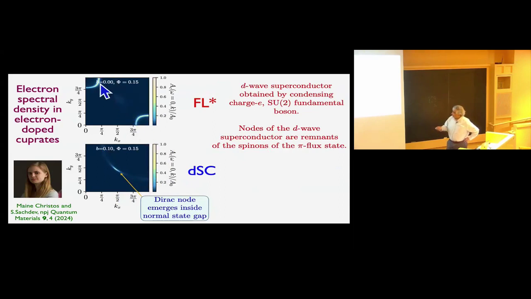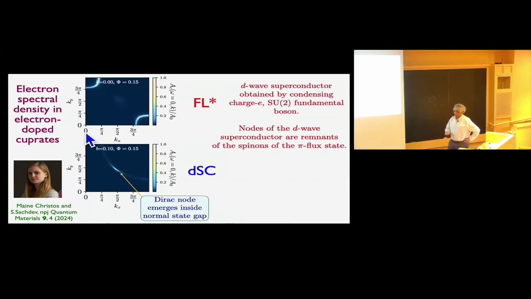Now imagine this thing with electron pockets, FL star, that goes superconducting. The naive view would be: here's a d-wave superconductor. This is the Fermi surface, and the nodal direction of the superconductor is here. So you should get a d-wave superconductor with no nodes.